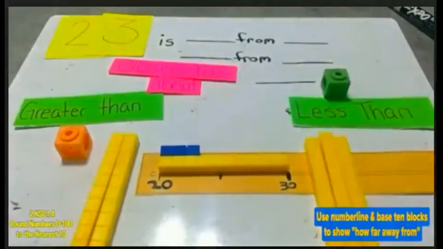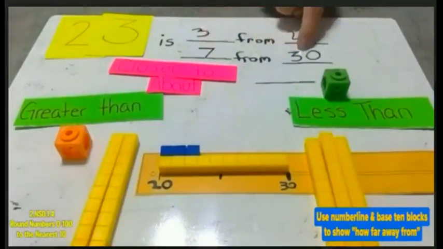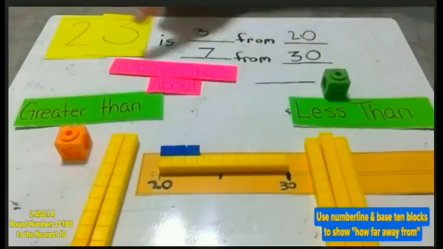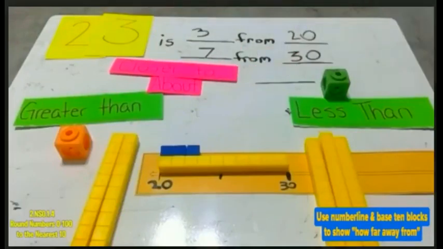Students can see that 23 is 3 units away from 20 and 7 units away from 30. So then they can see that 23 is closer to, or about, 20.